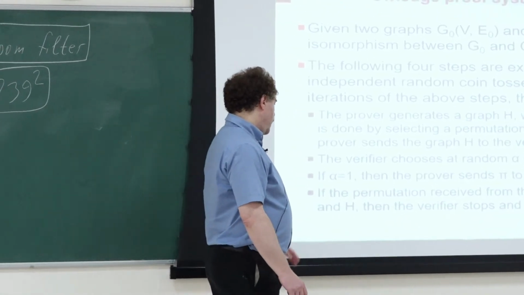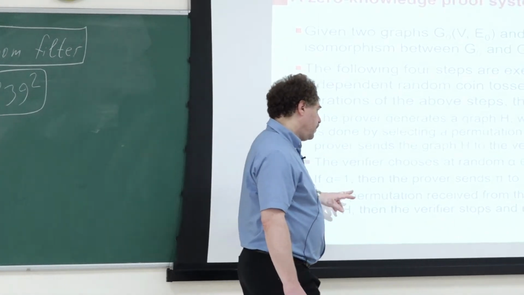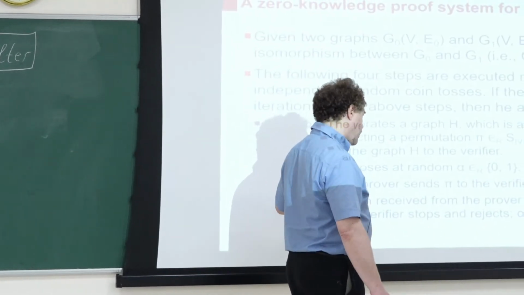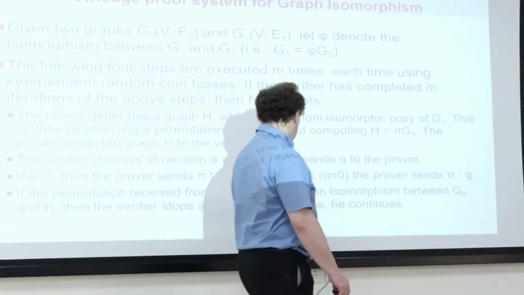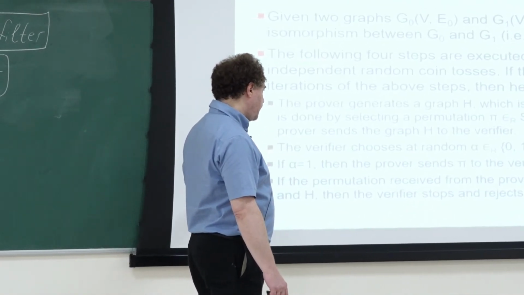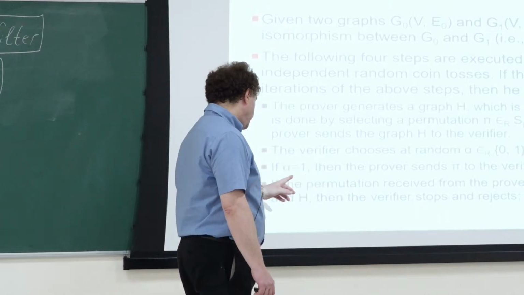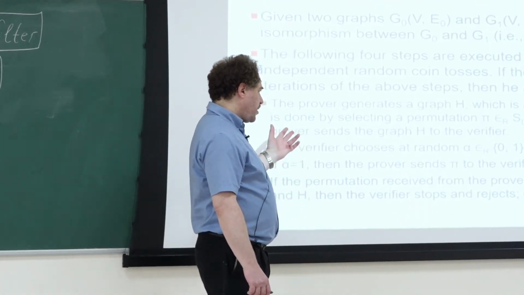So what happens is that the verifier gets all the data and checks if there is an isomorphism between G alpha and H. How?